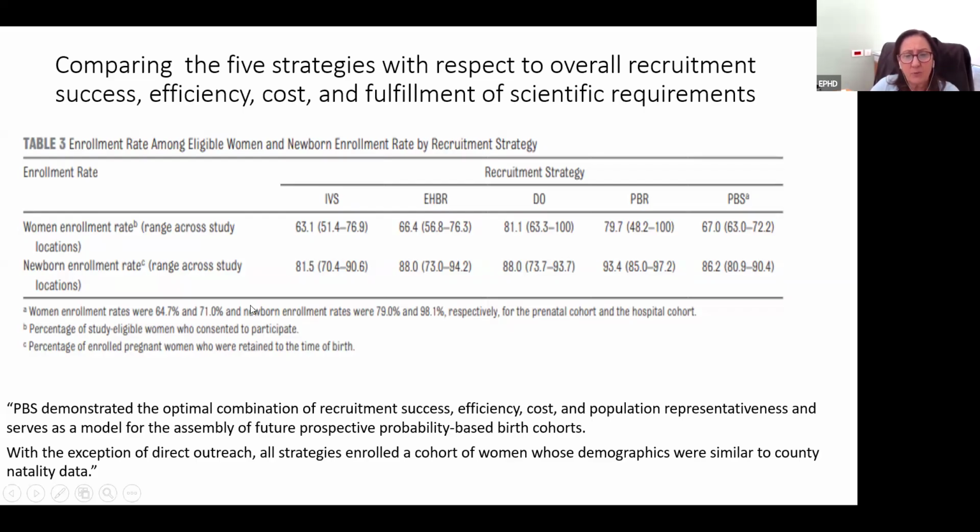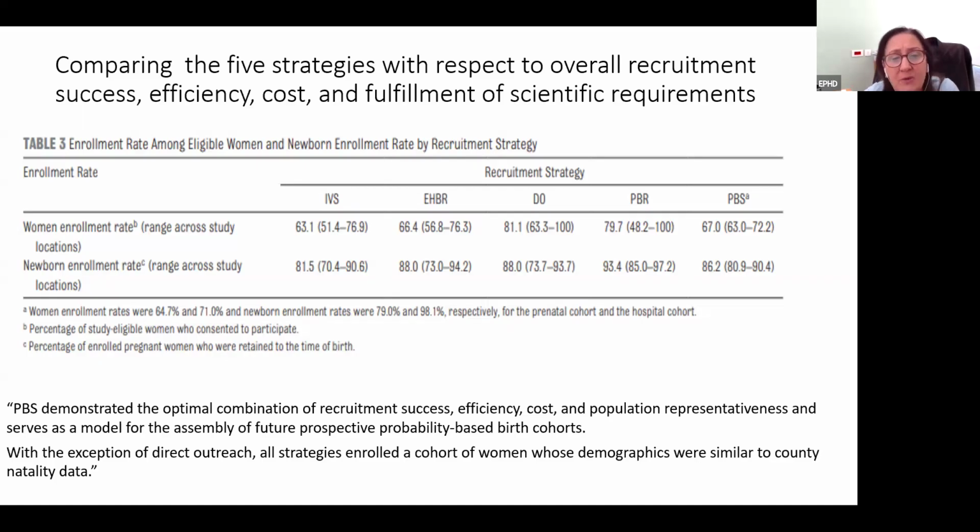Taking all into account, the optimal was provider-based, and provider-based was mostly for the kids, for the newborn enrollment. And the DO, I have to think about the DO, I forgot.